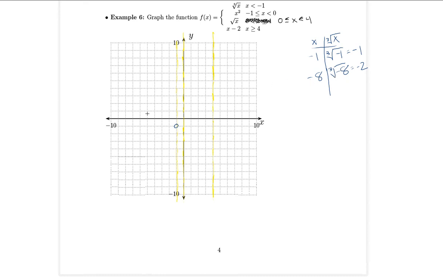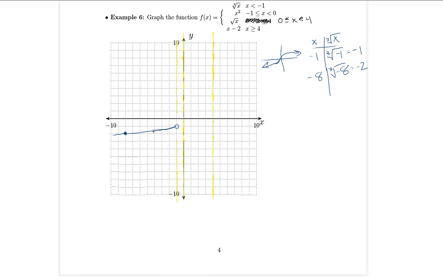So that tells me that if I go to the x value -8, and down 2, then that would be a point on the graph as well. And then you might remember, right, that kind of has this general shape to it. So that's going to indicate that we want to do something like this. And I got a little bit too shallow there, sorry. So there we go. Okay.